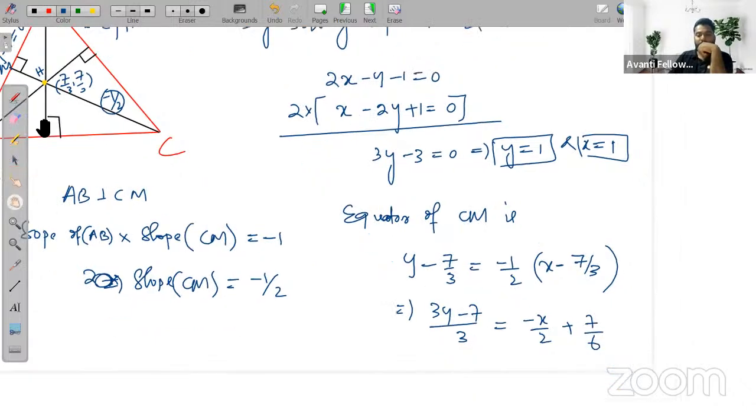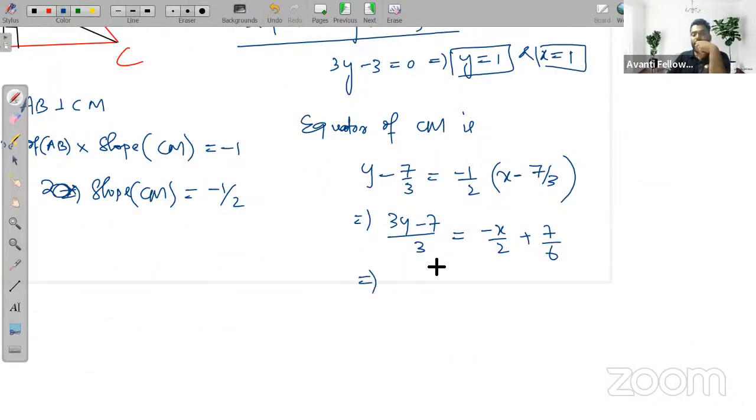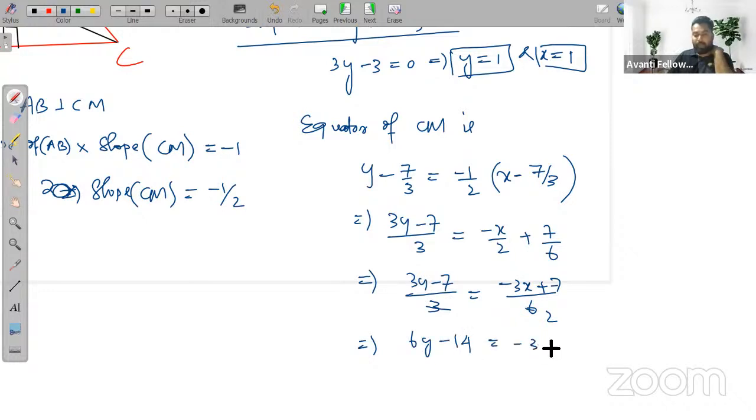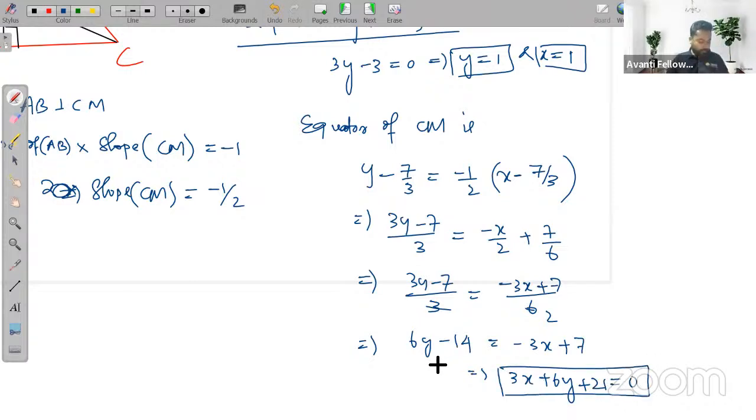Just simplify it and you will get the equation. That is, it will be 6y minus 14 is equal to minus 3x plus 7, that is 3x plus 6y plus 21 is equal to 0. The equation of CM becomes this.